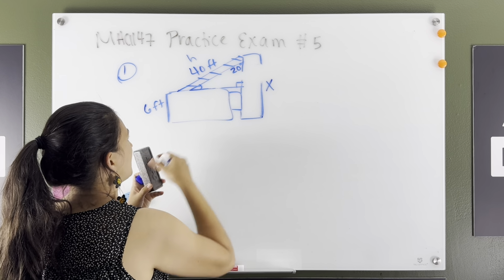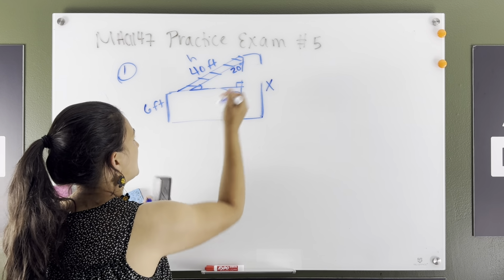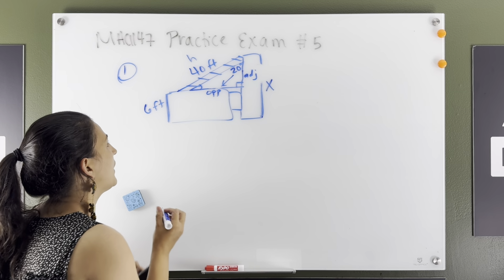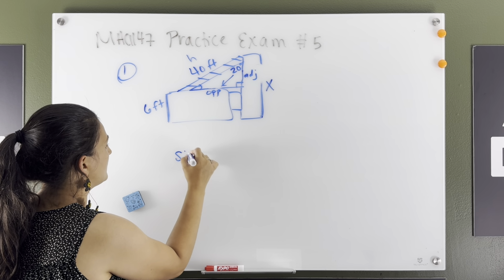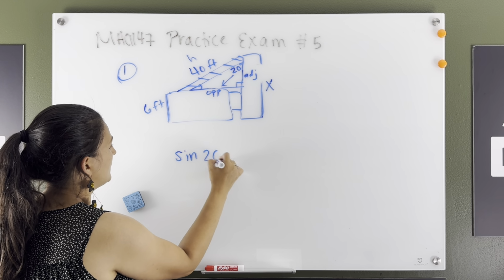So let's say you wanted to stick with the 20 degrees that they gave you, then you would label this side opposite, this one adjacent, that one hypotenuse. I know I can still do sine of 20 degrees, opposite over hypotenuse.